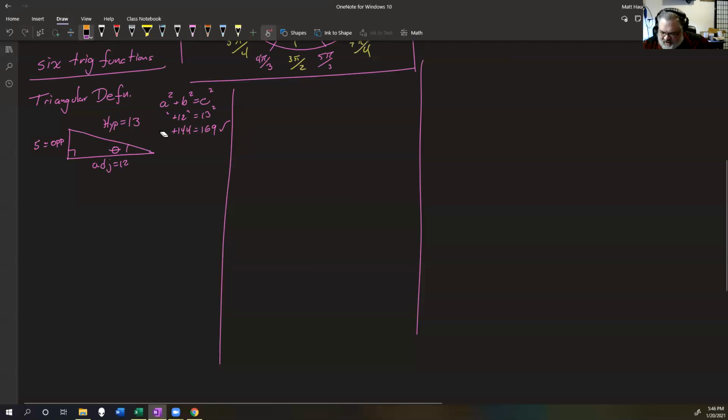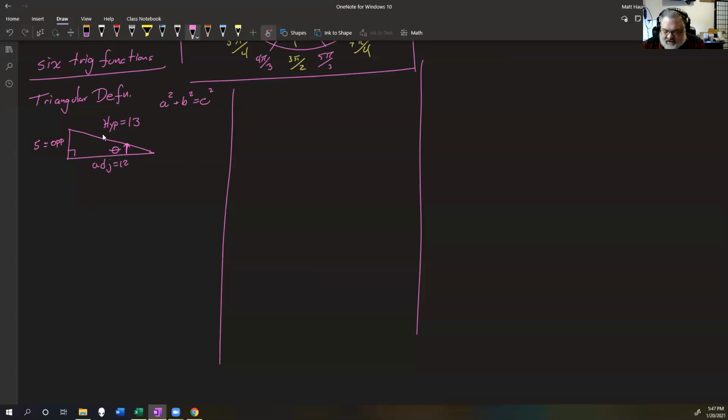So do keep in mind that Pythagorean theorem relationship is always going to be kind of behind what we're doing. When we have a triangle, one of the things that we care a lot about is not necessarily the particular lengths, but the ratio of lengths.